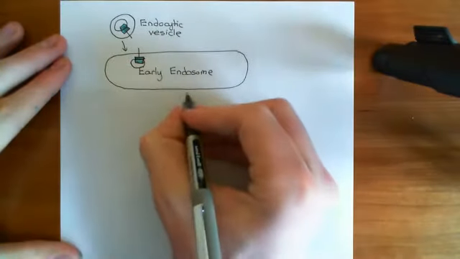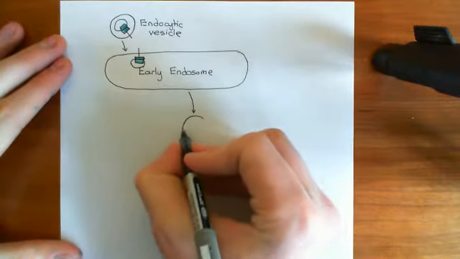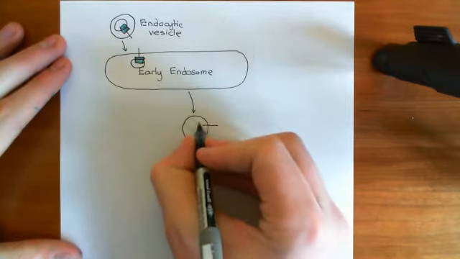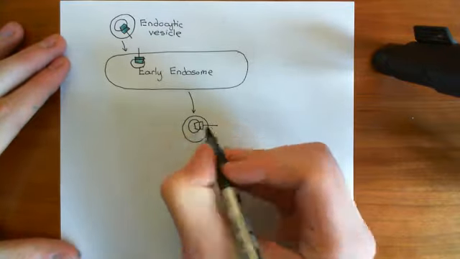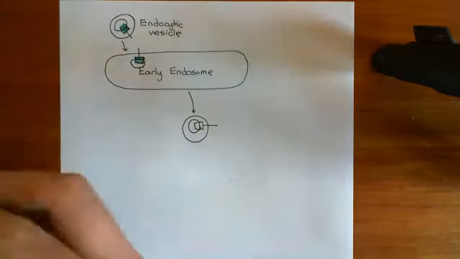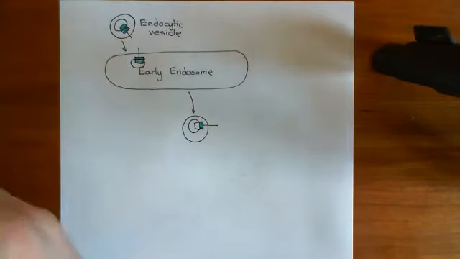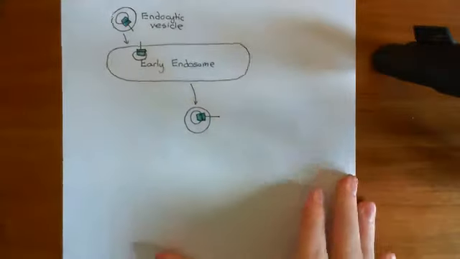Now, it doesn't remain in the early endosome for long. What will happen is you'll pinch off another vesicle off the early endosome, which will contain this LDL receptor along with its cargo once again, and this vesicle is going to go to another intracellular organelle, which is called the late endosome. Okay, so here's the ligand binding domain of the LDL receptor. Here's the apolipoprotein B100.